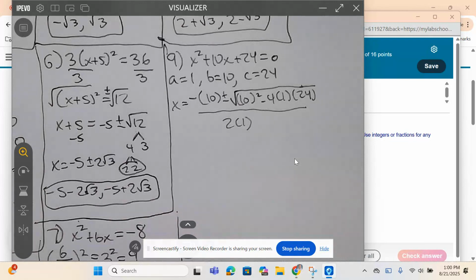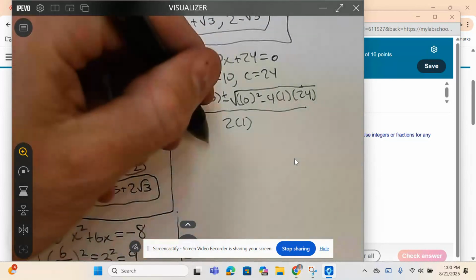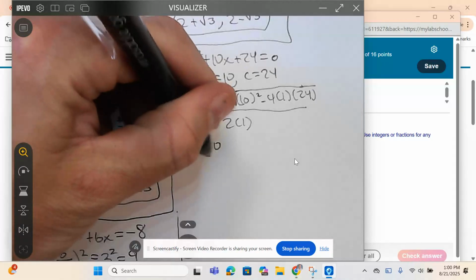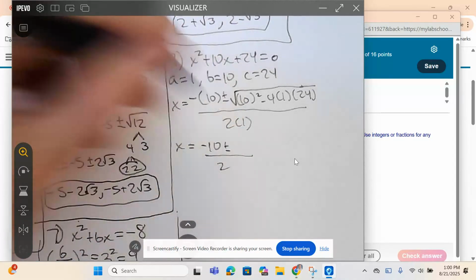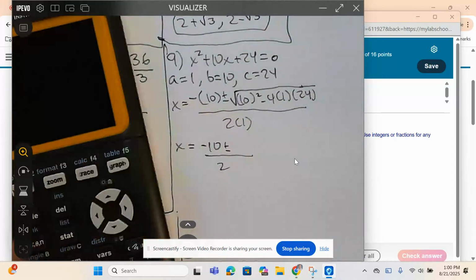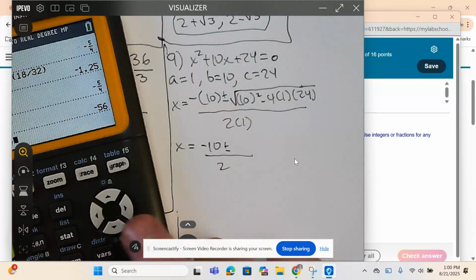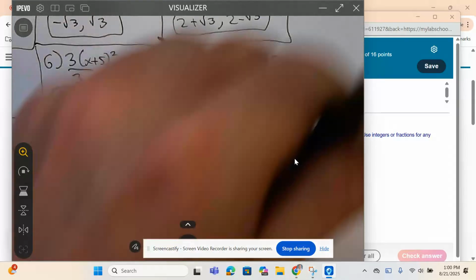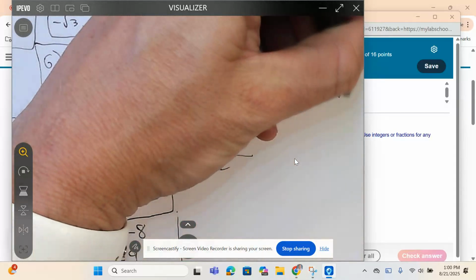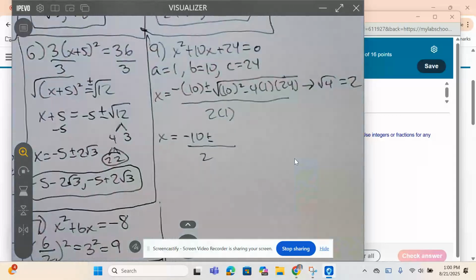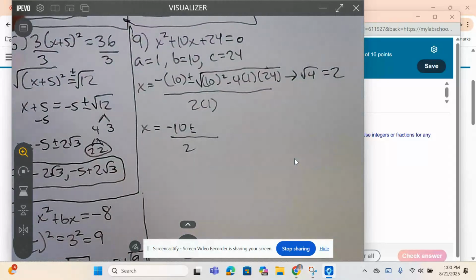All right, simplify everything around the plus or minus. So it's negative 10, 2, and then 10 squared minus 4 times 1 times 24. That'd be 4. So the square root of 4 is 2. So it's a perfect square. So this is a nice one.